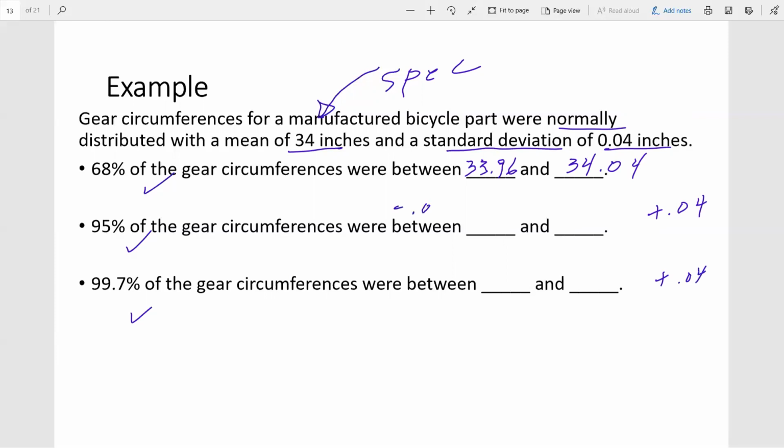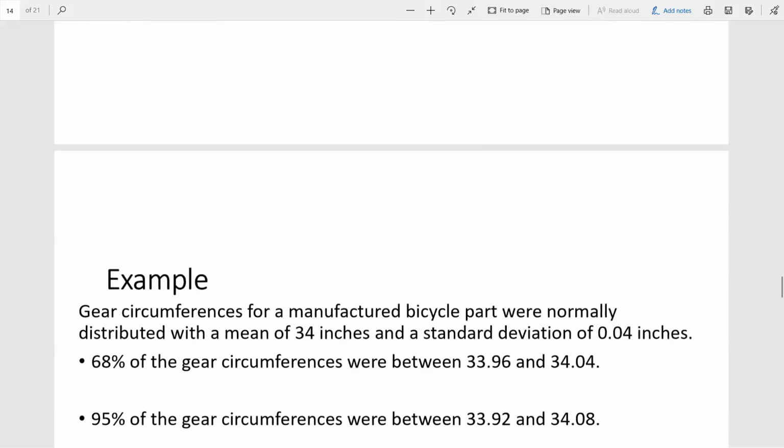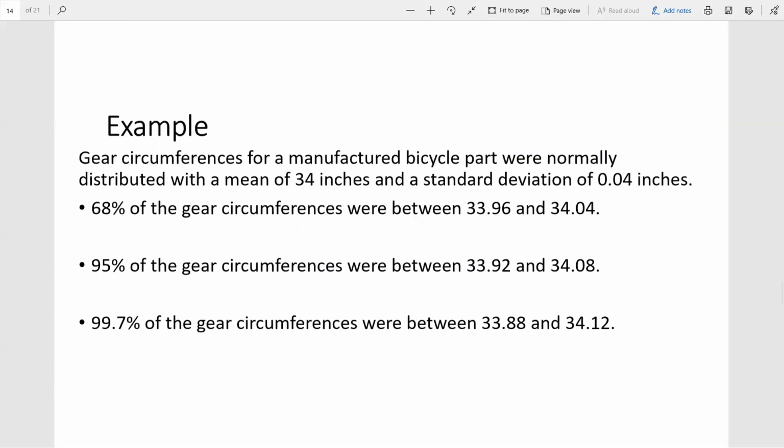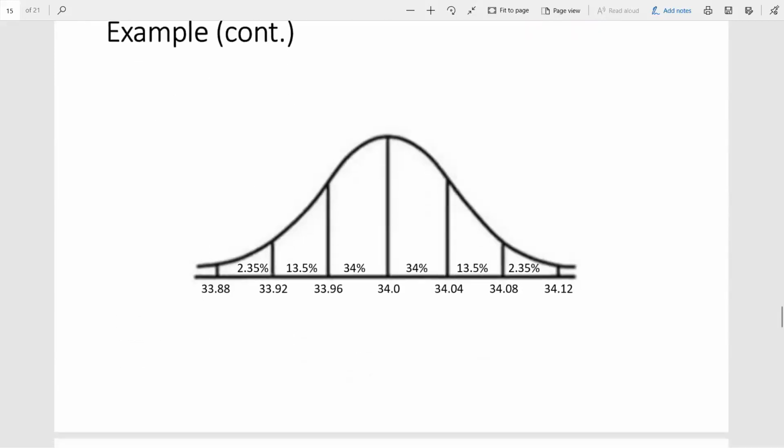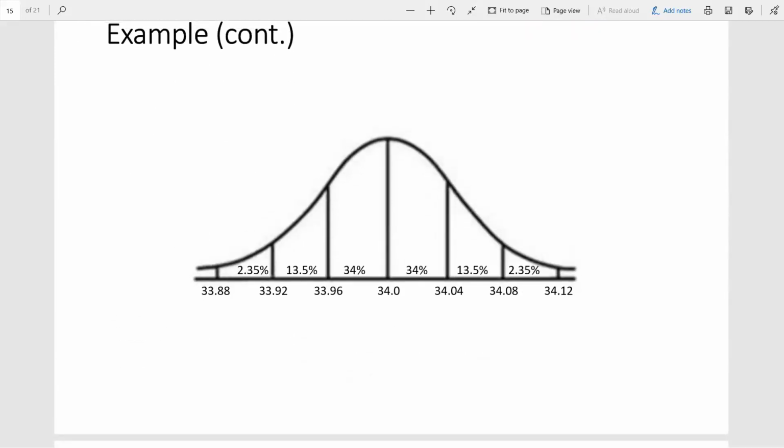Subtract 0.04 and another 0.04 for the lower end, and then we get 68% is between 33.96 and 34.04, 95% between 33.92 and 34.08, and 99.7% between 33.88 and 34.12. And so we have this normal distribution here with the ranges of the various sigmas and the percentage of the data that's within each box.